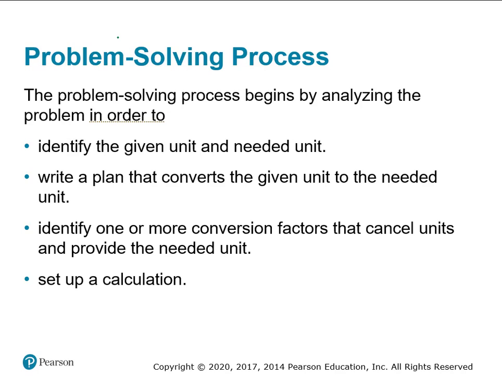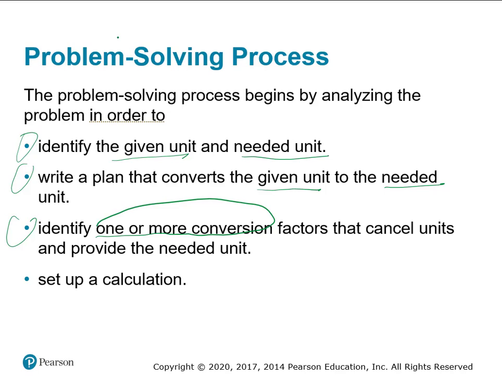The problem-solving process begins by analyzing the problem in order to: 1. Identify the given unit and the needed unit. 2. Write a plan that converts what we're given to what we need. 3. Identify one or more conversion factors that will cancel units and give us the unit that we need, and then 4. Calculate.